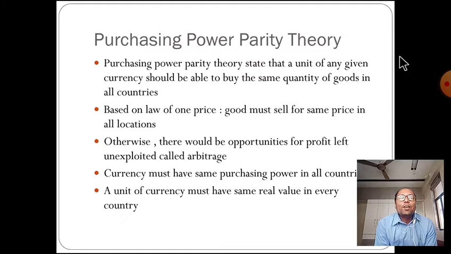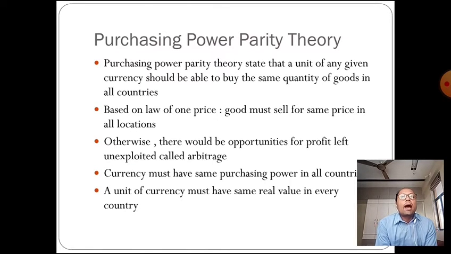It means if the product is sold at 200 rupees in India, its global price, ideally in the long run, is supposed to be $2.5.